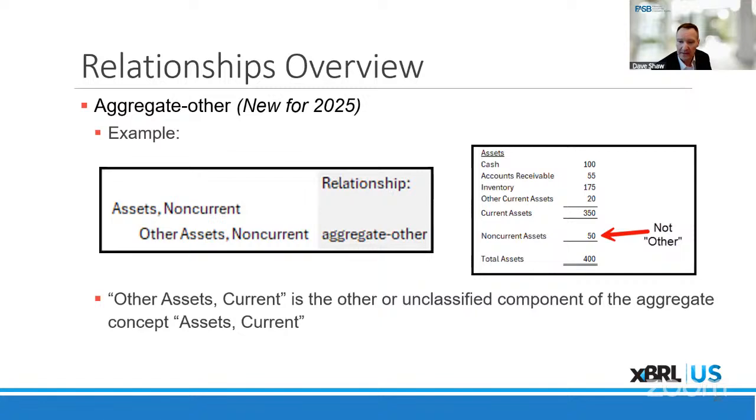That is the other current assets portion of that aggregation. When you drop down to the non-current assets section, you see that that amount is provided in aggregate. And so that value should not be tagged using the other assets non-current because it's the only component listed. At that point, what you're really reporting is the aggregate amount, which should be tagged with the assets non-current element instead.